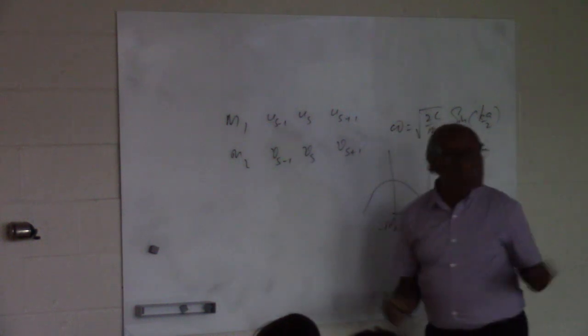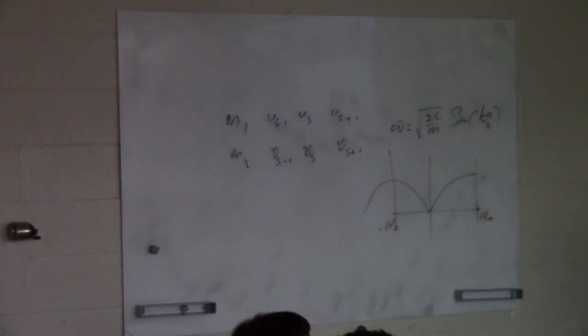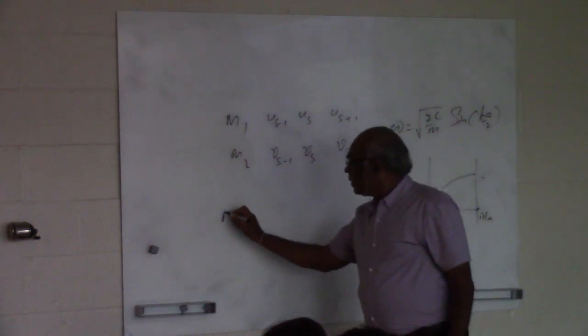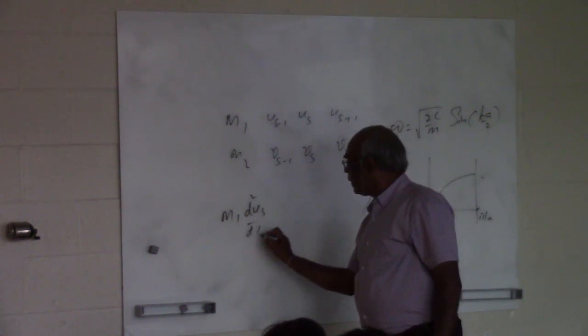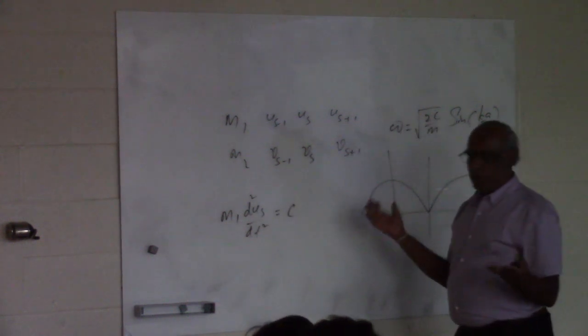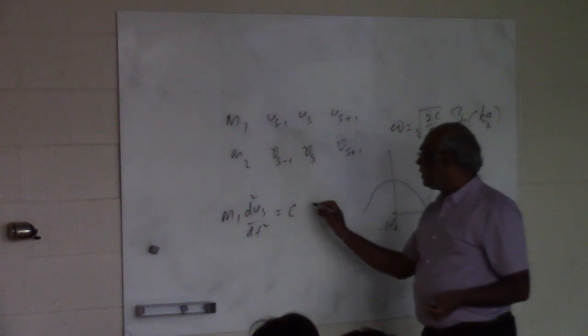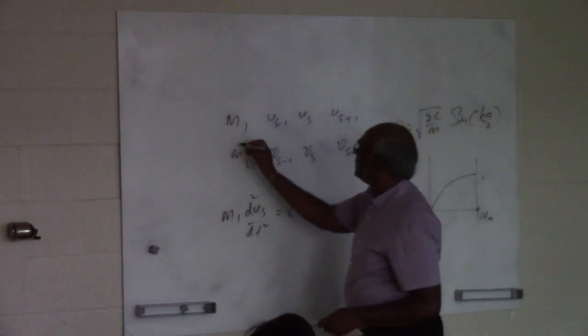So then you can easily write the equation for, say, this M particle moving by u_s, right? So then what is the equation? M1 d squared u_s over dt squared equals, if your constant is C, you can write, so this is M1.